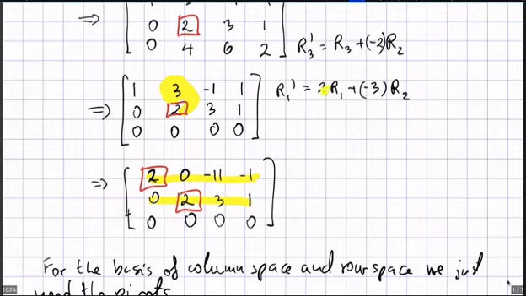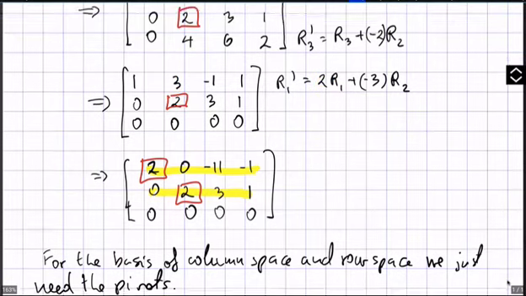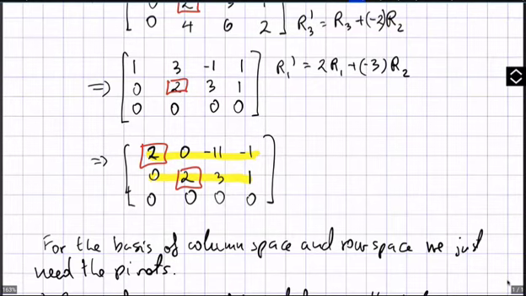So we multiply the first row by 2 to get 6 there, and then the second row by minus 3 to get minus 6 there, so that they cancel out. With this, the first row becomes 2, 0, minus 11, minus 1. And then the second row is 0, 2, 3, 1.